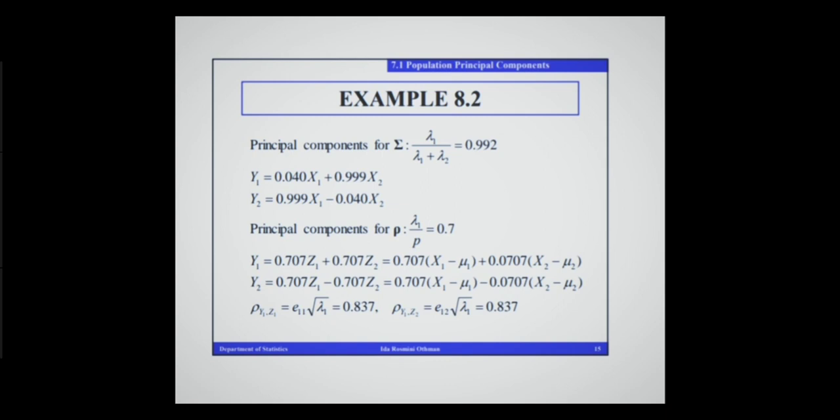So we will use row if the measurement for X is different. If the first variable is measured in kilograms, the second variable in cm, it is appropriate to use the row, the correlation matrix, to find the principal component.